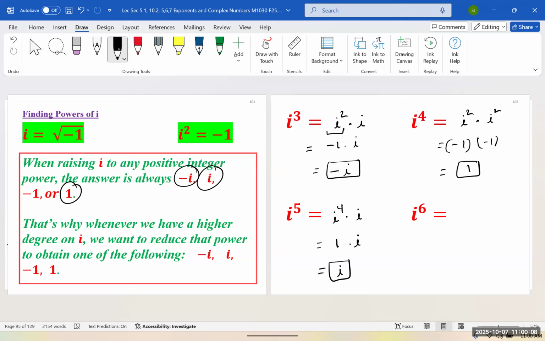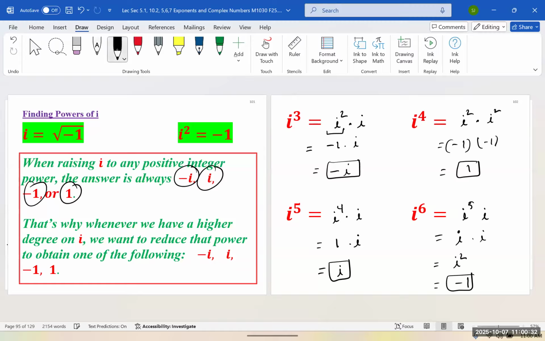So let's see i to the 5. We have i to the 5 and i. We know from before i to the 5 is i. So it's i times i, which is i square, but i square is -1.